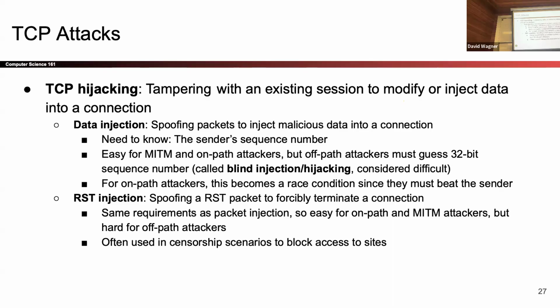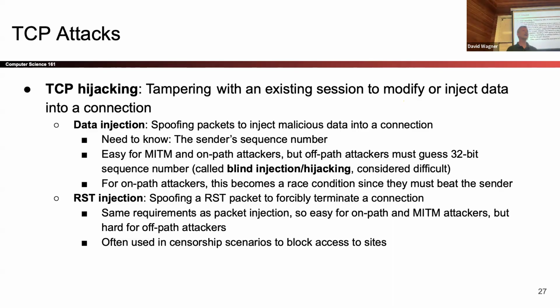So TCP is this funky protocol that has security against off-path attackers, but is not secure against man-in-the-middle and on-path attackers. That's actually something significant from a networking point of view.